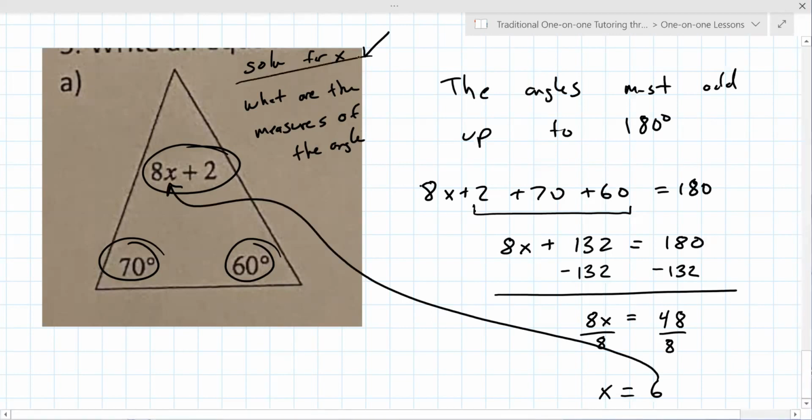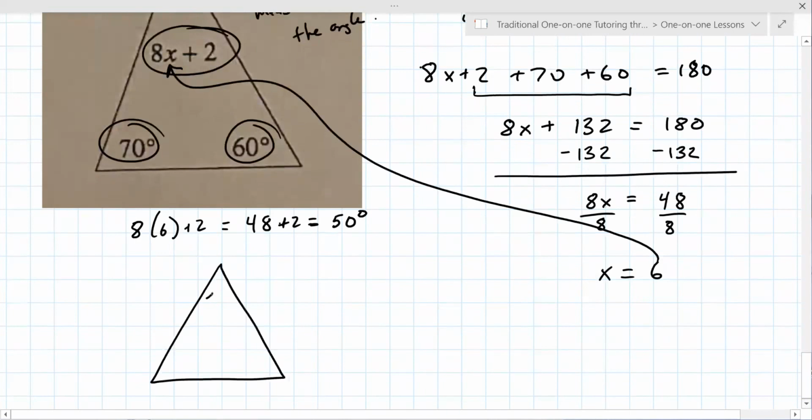So it's 8 times 6 plus 2, which is 48 plus 2, 50 degrees. The triangle is 50, 70, and 60. Does that make sense? Yeah, it does. All right, let's look at question 5C next. It's really similar.